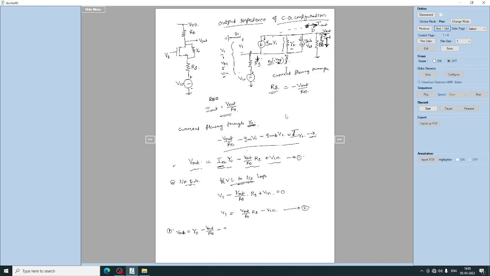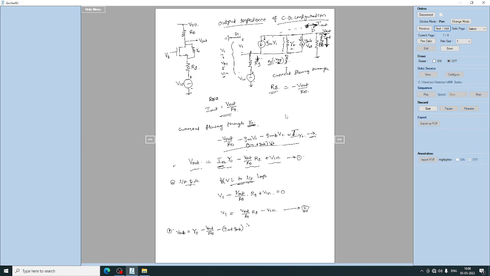So minus GM plus GMB. I will take minus common because if I take both common, I will get GM plus GMB into V1. Okay, I will substitute for V1 from equation 2. What is my V1?